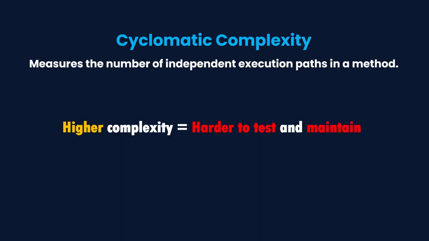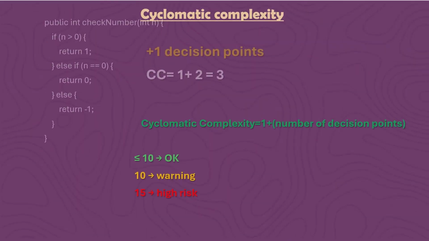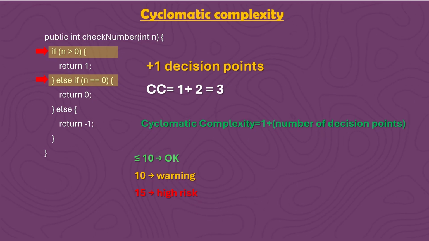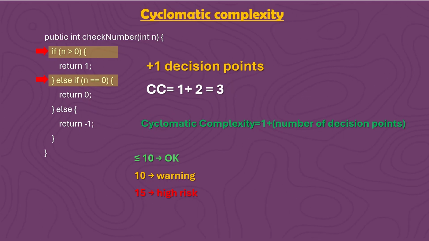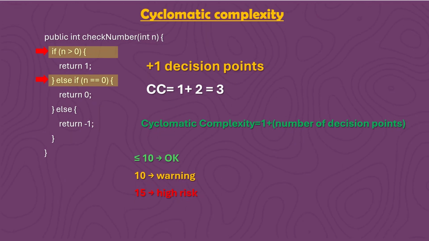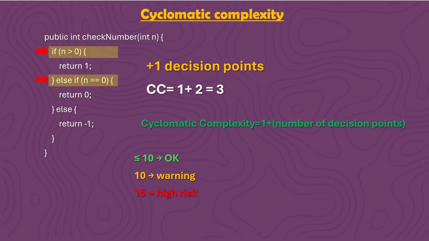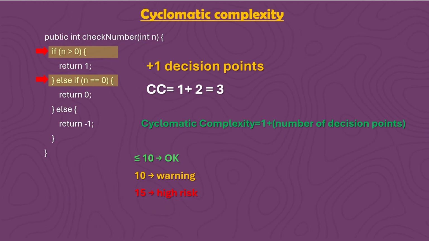One of PMD's most useful features is measuring cyclomatic complexity. Cyclomatic complexity represents the number of different paths that execution can take through a method. Each if statement, loop, switch case, or catch block increases the complexity. The higher the complexity score, the more difficult the method becomes to understand, test, debug, and maintain.